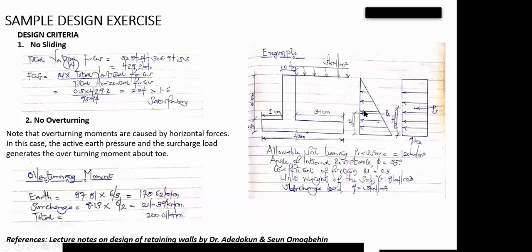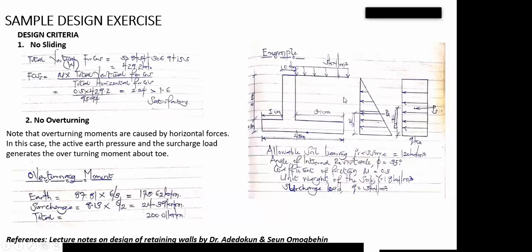But for your horizontal, from our triangular distribution, the effect of the horizontal force is going to be acting at H/3 from the base of the triangle, and the total height of the triangle is 6. So 6/3.